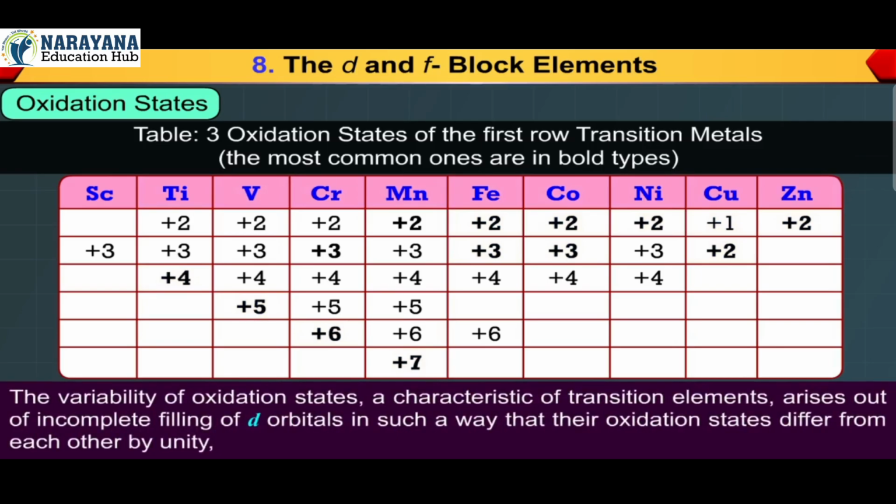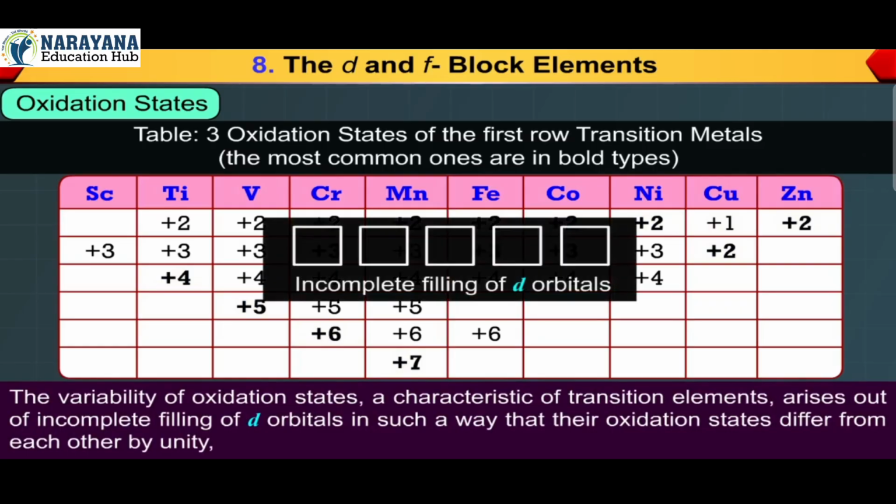The variability of oxidation states, a characteristic of transition elements, arises out of incomplete filling of d orbitals in such a way that their oxidation states differ from each other by unity.